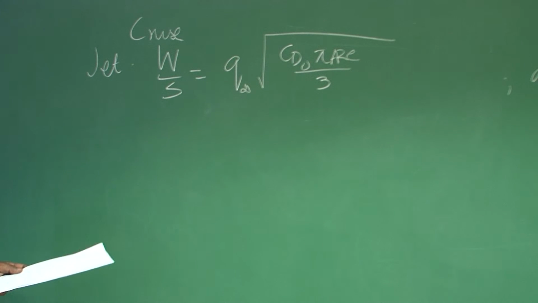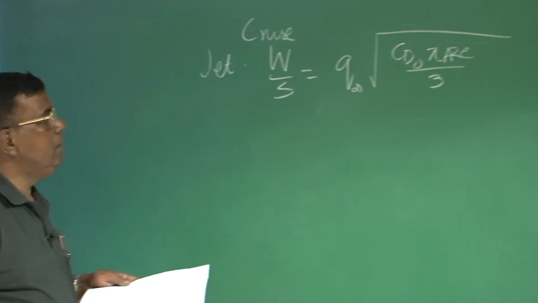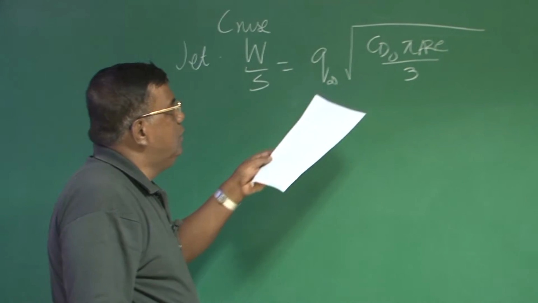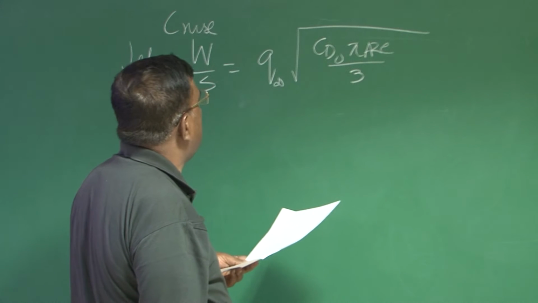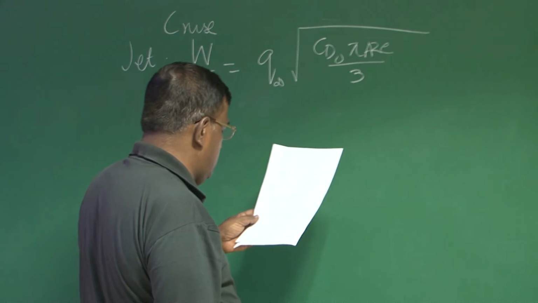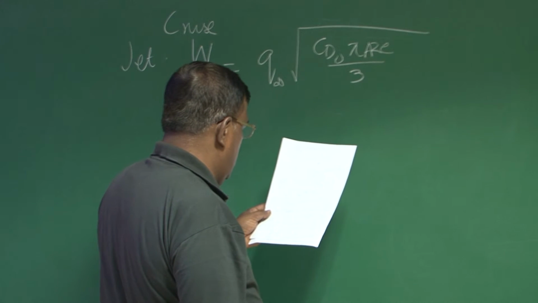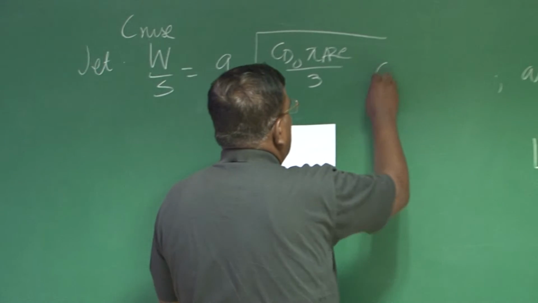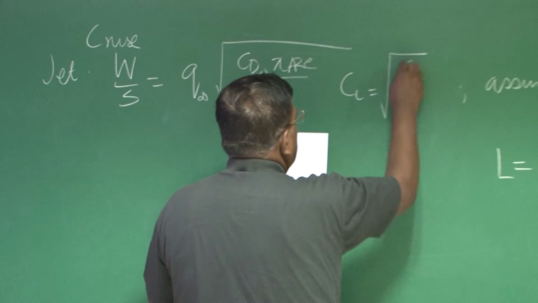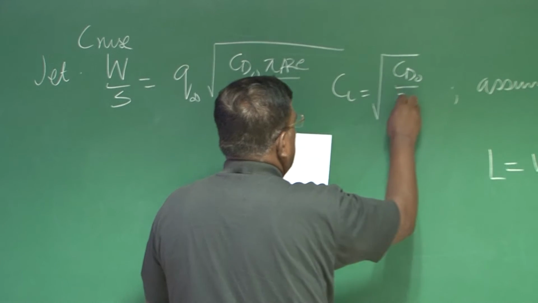Typically when you are talking about jet, you would expect the speed will be higher, right? And when I do this jet-driven aircraft, I'm looking for a best cruise, I know that here CL is equal to under root CD naught by 3K.